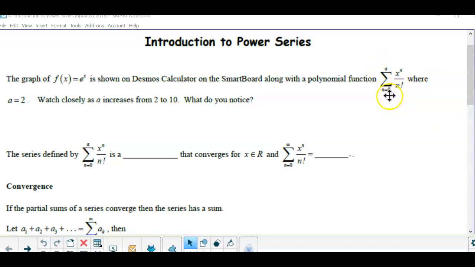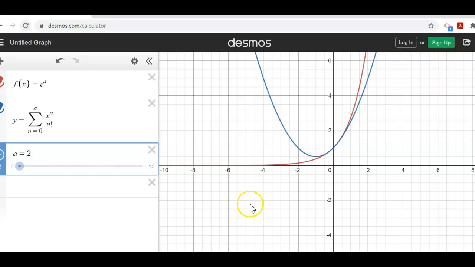So from n equals 0 to a, we're going to start with a equals 2 and look at what happens as a goes from 2 to 10. So as we increase the number of terms of that series, I think you can see all of it there. So the red graph is your e to the x exponential function.